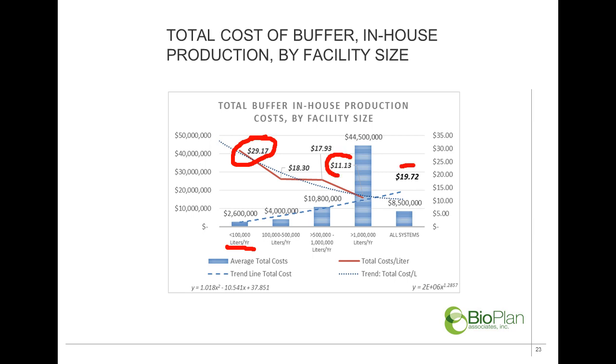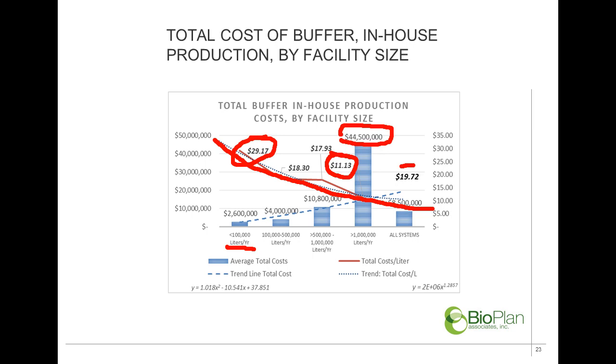Right here you can see that a million plus is on average about $11 per liter, and the cost for that buffer prep facility is obviously relatively high. So you can see that this dotted line provides a not unexpected curve in terms of scale versus cost.